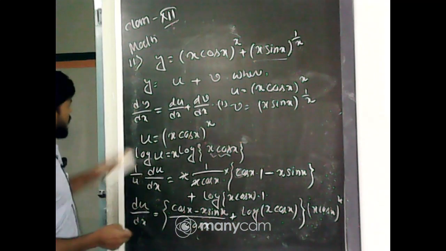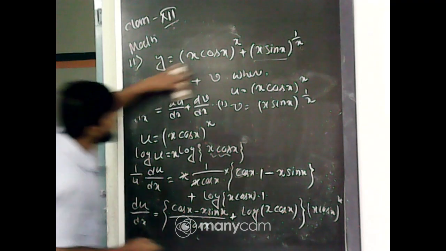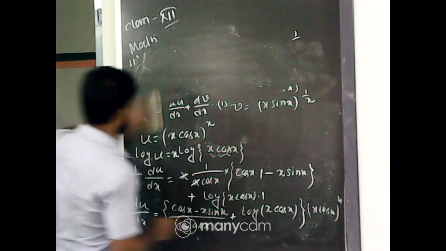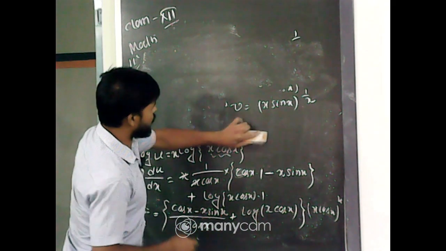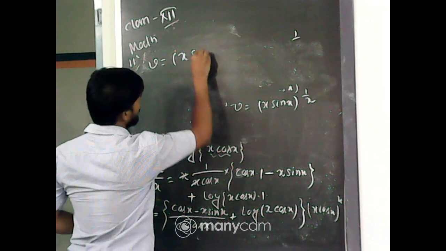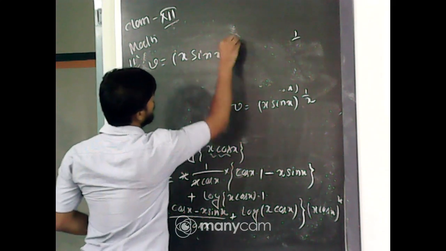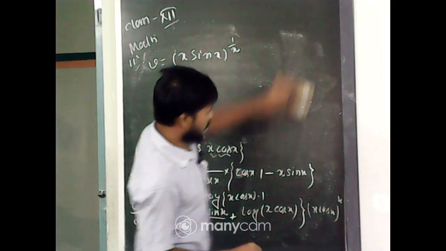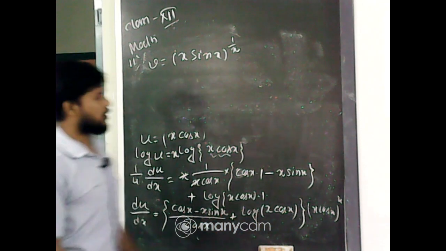So now calculate dv dx. Okay, I am rubbing this portion. So v equal to x sin x to the power 1 by x. Now we have to find the differentiation of v with respect to x.